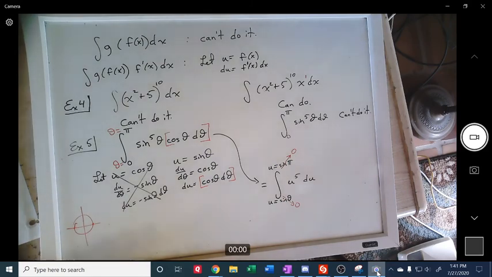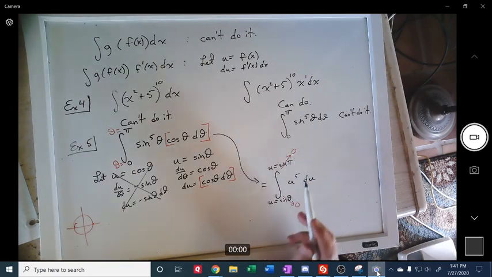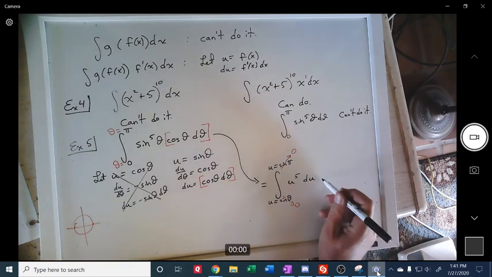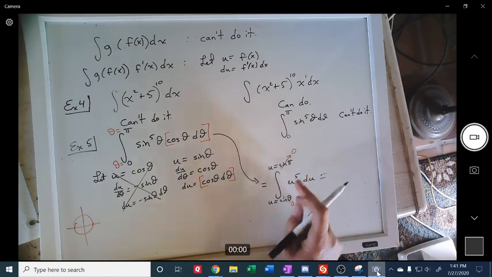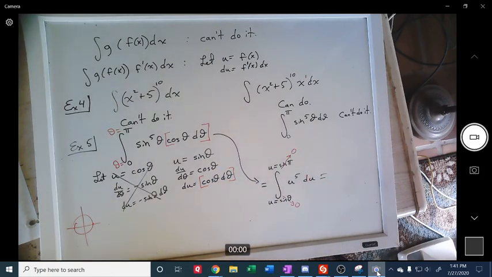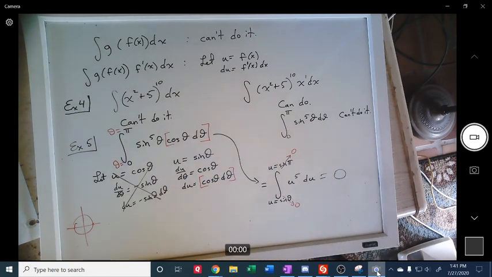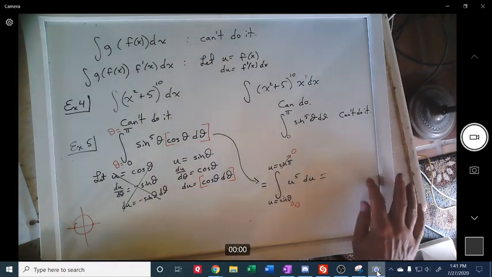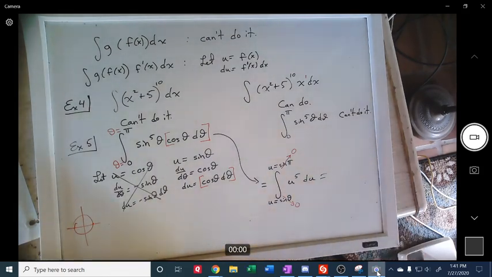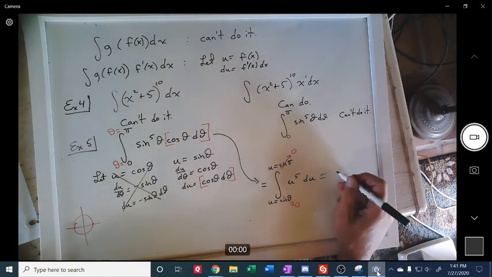Now, I have 0 to 0. I don't need to bother doing the rest of this. The integral from 0 to 0 of any function is going to be 0, and I can be done. But, let me keep going. Suppose you hadn't noticed that. You would have gone u to the 6 over 6.